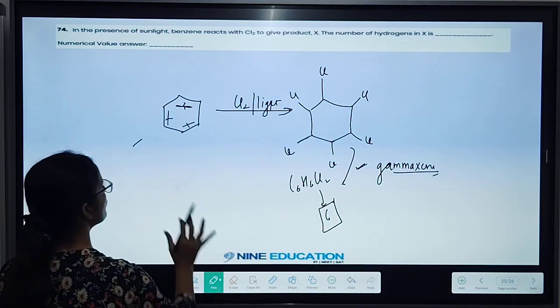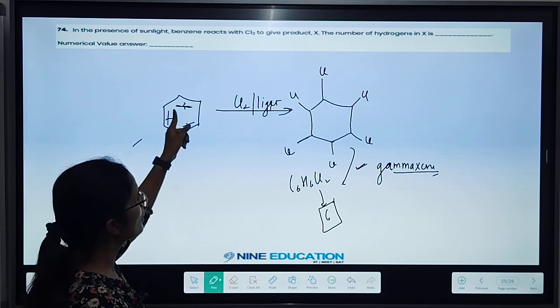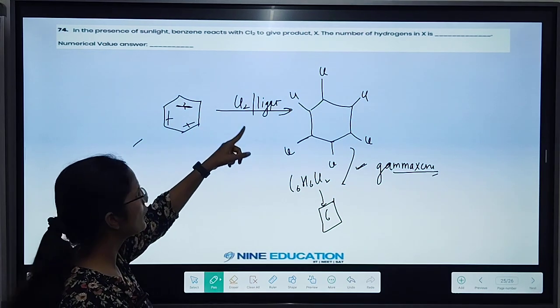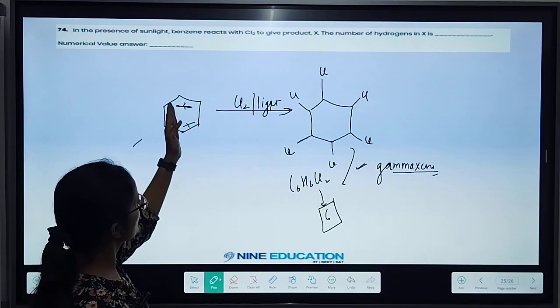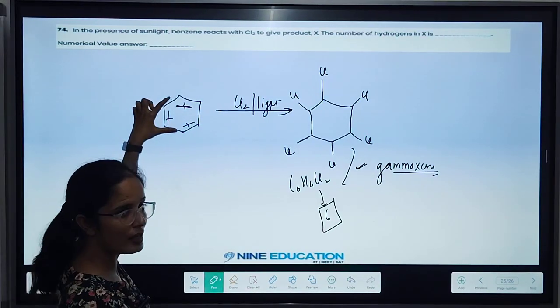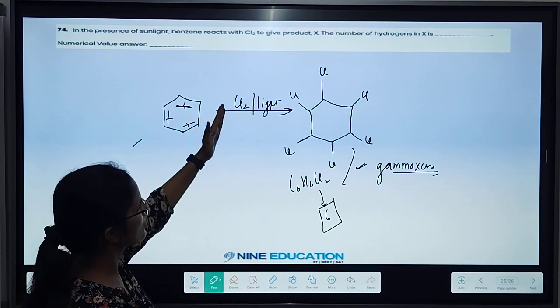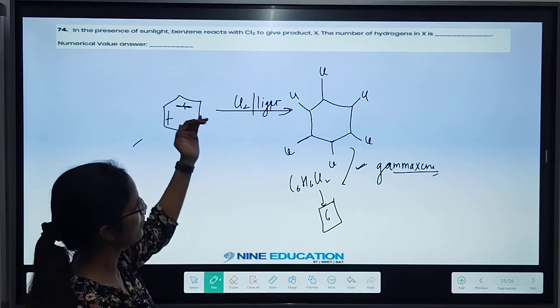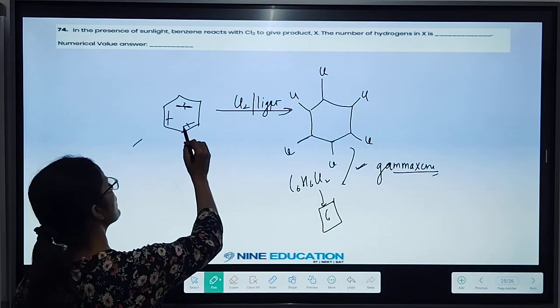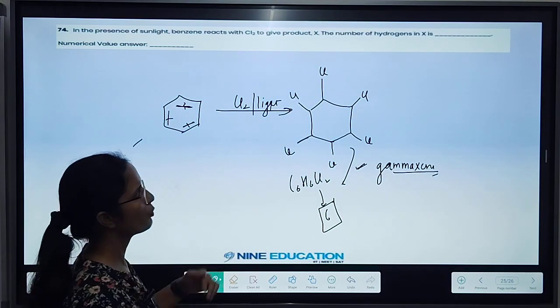Also, when we do this reaction of benzene with Cl2, when the first pi bond breaks, the activation energy would be highest, because benzene has aromatic character. The first addition reaction will have the highest activation energy, and once aromaticity is disturbed, the next pi bond will react at a faster rate.